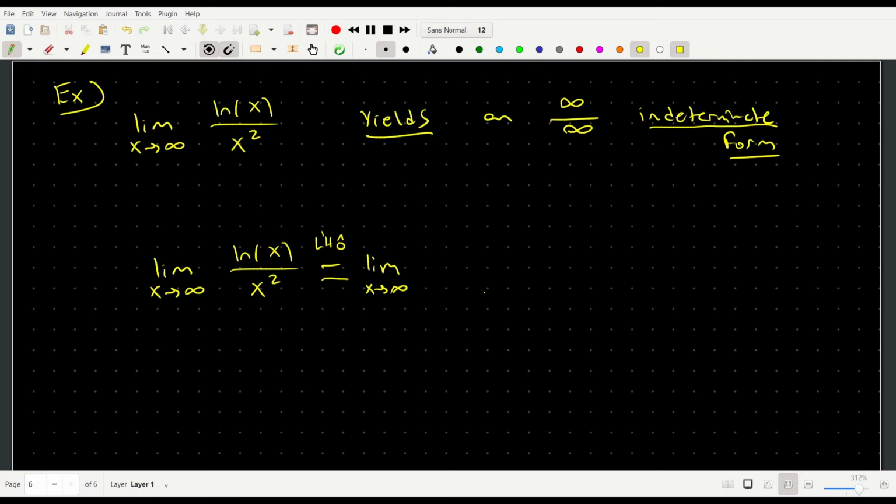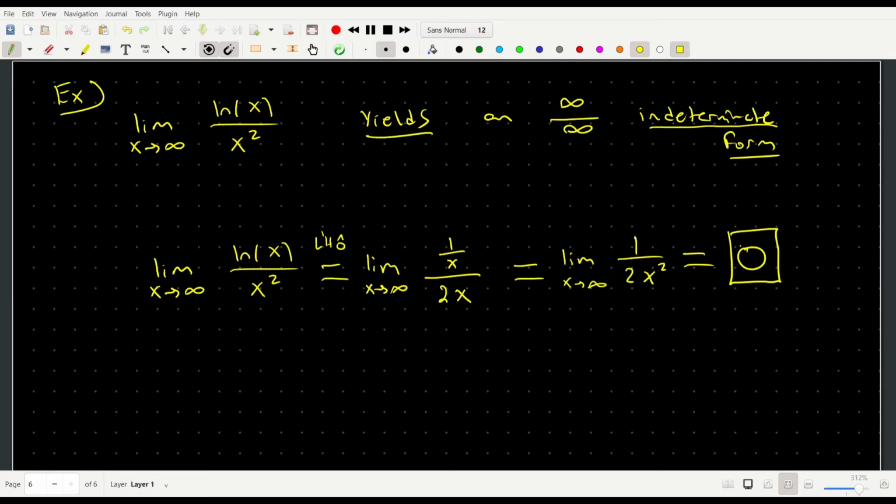But the derivative of ln of x is 1 over x, and the derivative of x squared is 2 times x. So this simplifies then to the limit as x goes to infinity of 1 over 2 times x squared. And this has a limit of 0. So the limiting value of this function is 0.